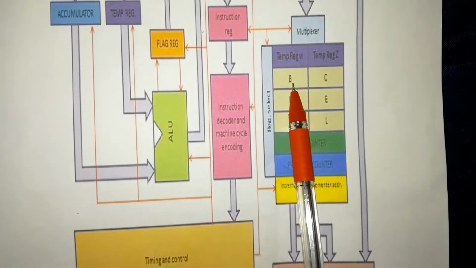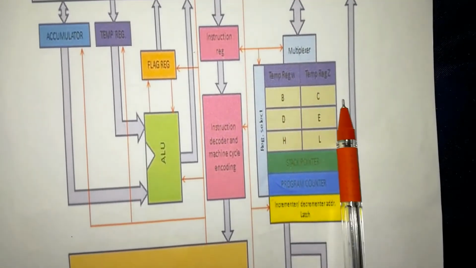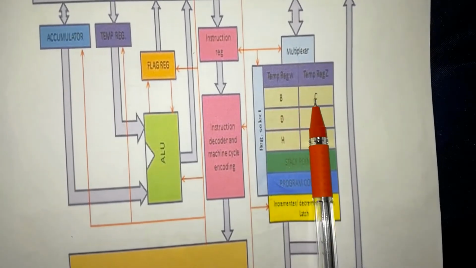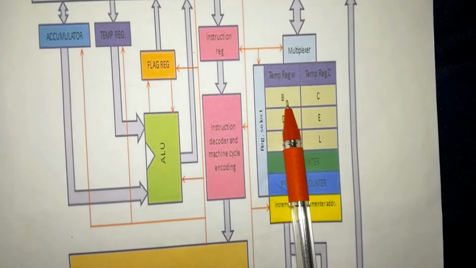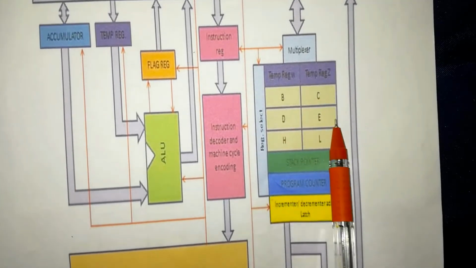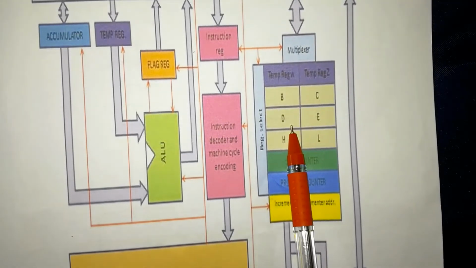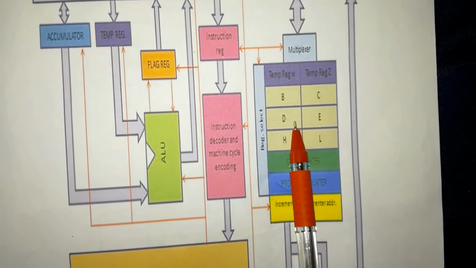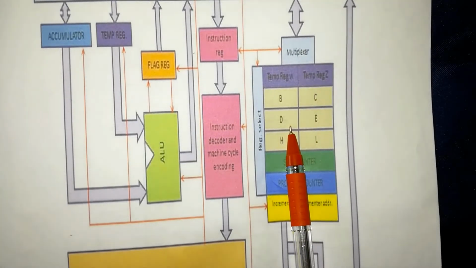Here B register is of 8-bit, C register is of 8-bit, but when both come together, both work together, they become 16-bit register. D and E separately are of 8 bits. But when they come together and work together, that becomes 16-bit.